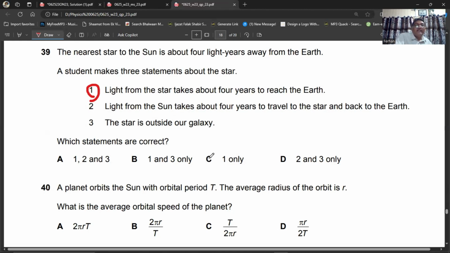I think only the one. You know the size of our galaxy? The diameter of the Milky Way is 100,000 light years.